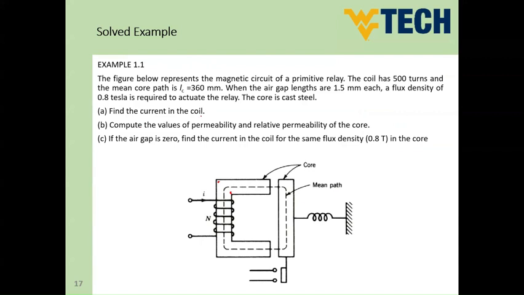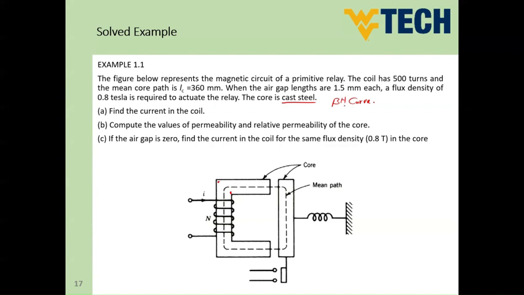Actually, there is given data here, we forgot to read this part. The core is cast steel. So we can use the BH curve from the cast steel. This would be given in the question in the exam.